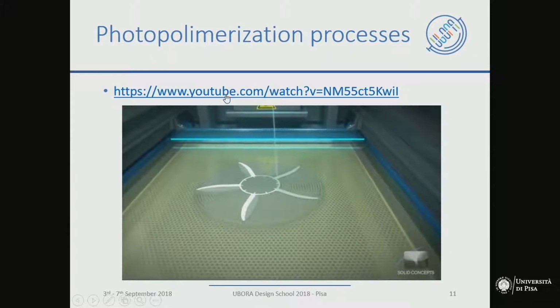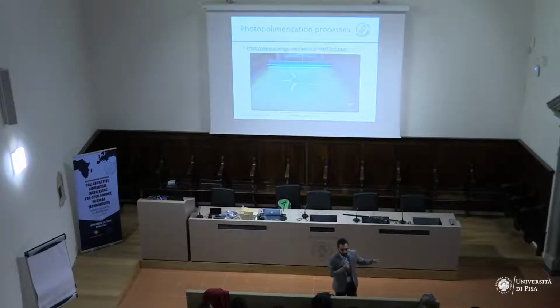This is not something that you usually see in the street. You have specific types of resins with specific photoinitiators, so substances that absorb the light and produce chemical species that trigger the polymerization of the resins that you have.